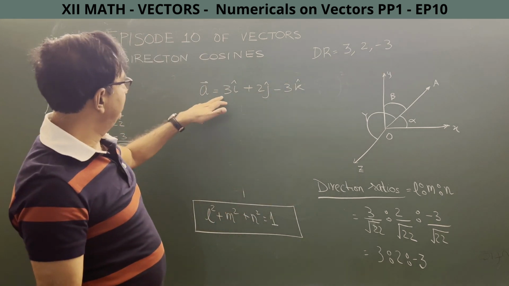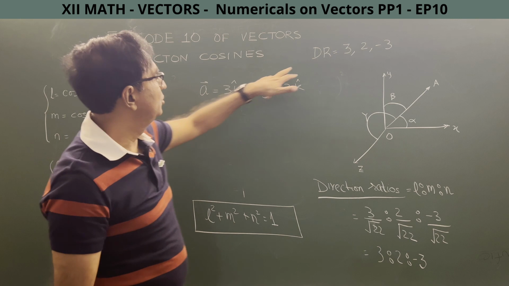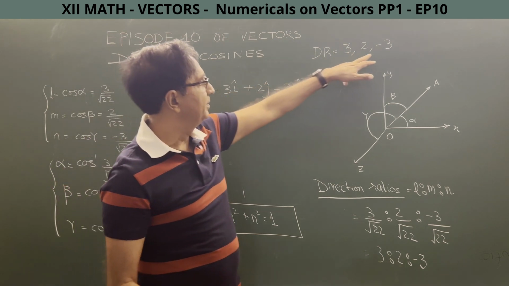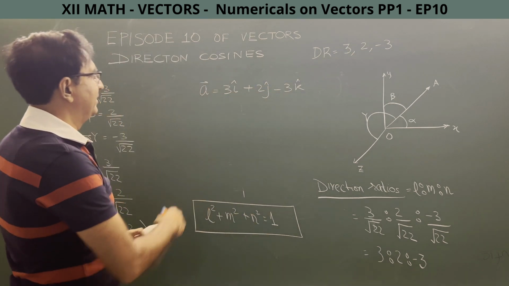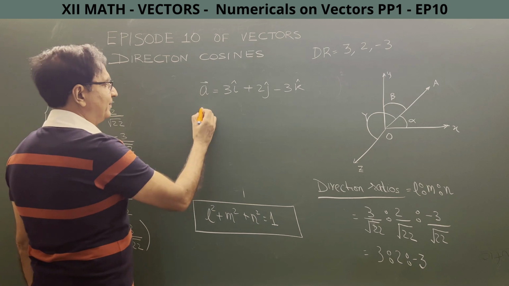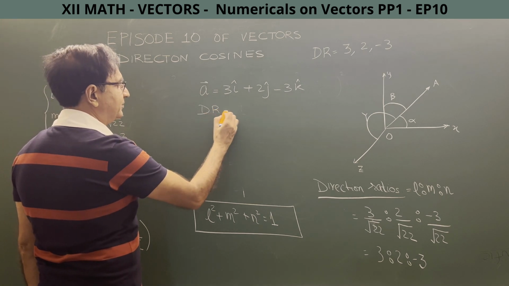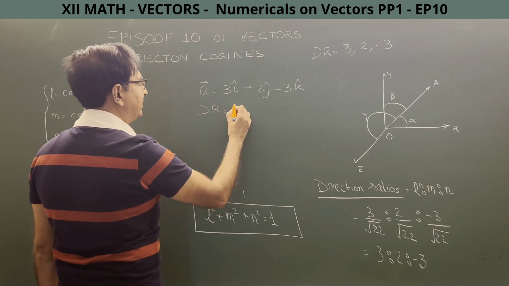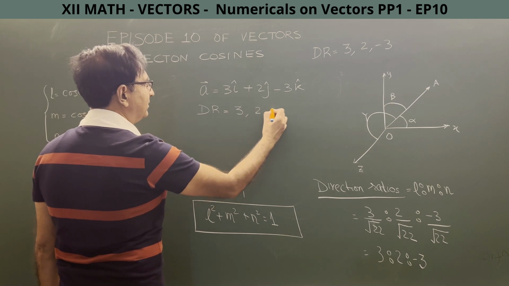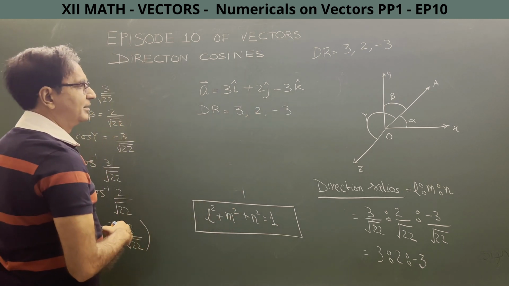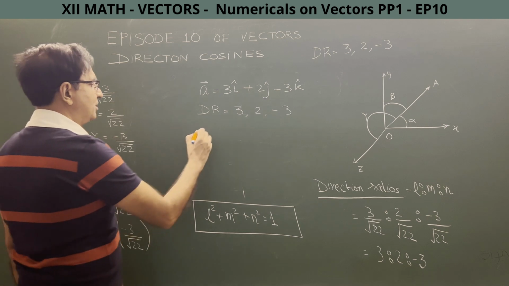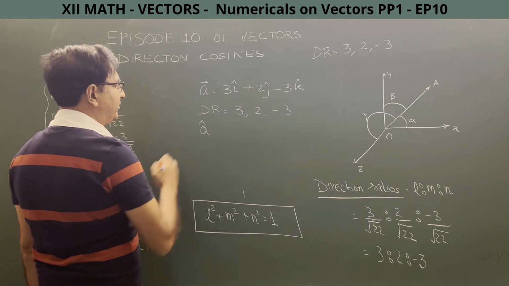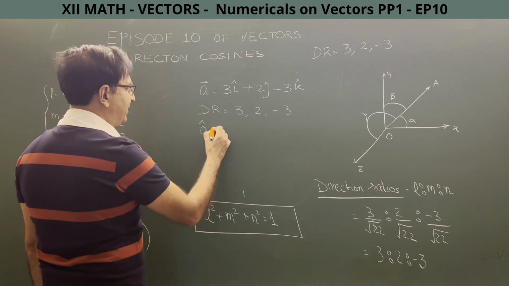I think they are the same. 3, 3, 2, 2, minus 3, minus 3. So what do you get? If you are given a vector, simply take the coefficients of i, j, k, and they are nothing but your direction ratios. Convert the vector into a unit vector by dividing the vector by its own magnitude.